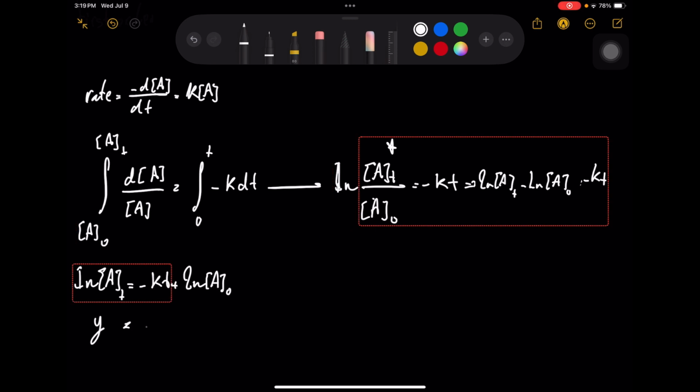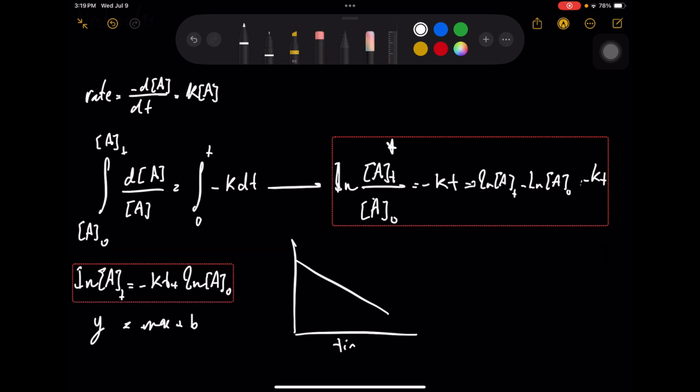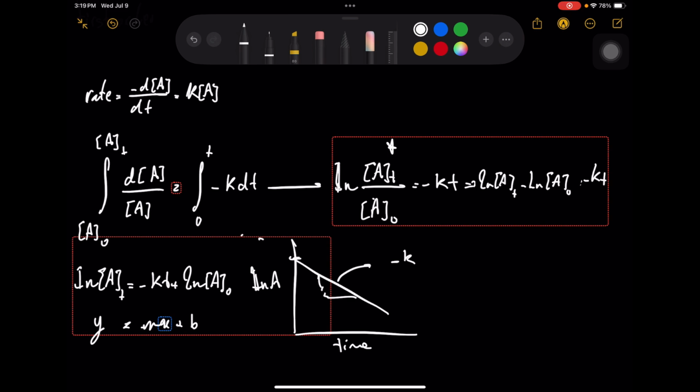Again, it's y equals mx plus b, the same format: slope, time. Here there is ln of a, and that slope would give us a negative k, and the intercept b is ln of a 0.